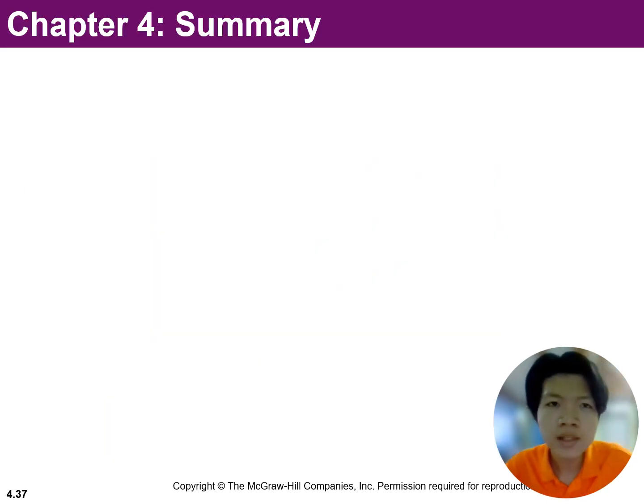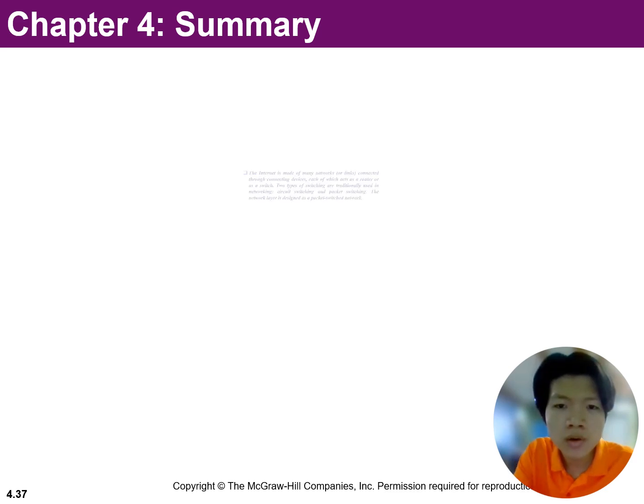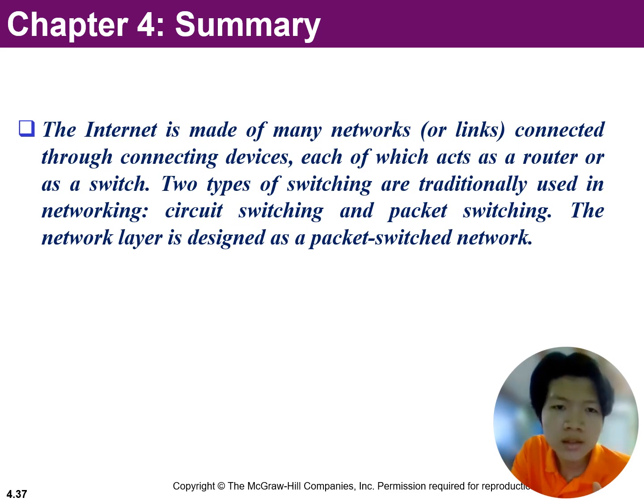Here is the summary of this chapter 4. The internet is made of many networks connected by connecting devices, each of which acts as a router or as a switch. Two types of switching are traditionally used in networking: circuit switching and packet switching. The network layer is designed as a packet switch network.